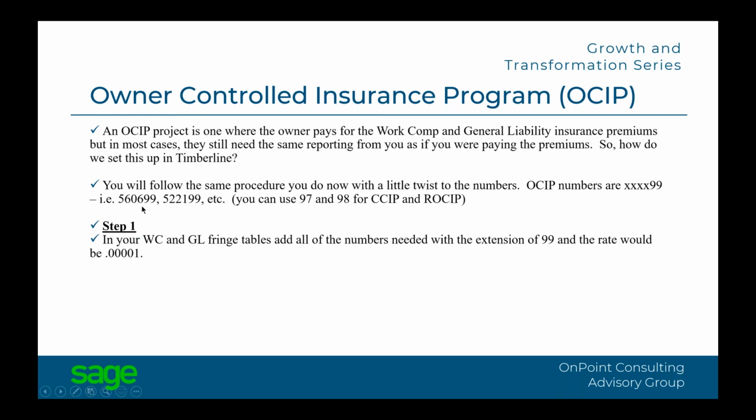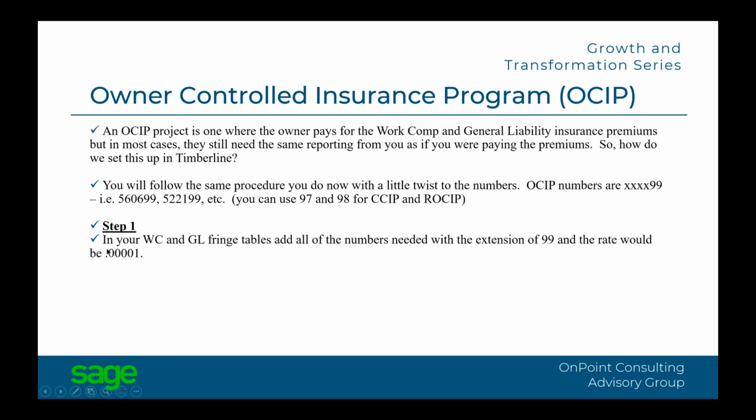But we changed the numbers here. So 5606 is the executive supervisor, but instead of just using the 5606, I appended on the 99 to it. And the cost on that code is the 0.00001. And you'll see that in the next slide.